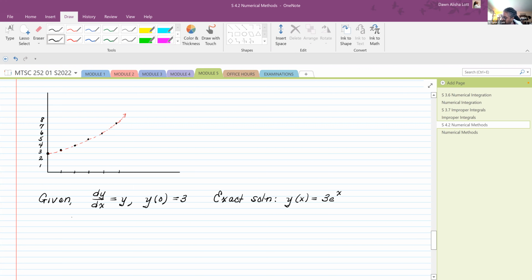So you get y at 1 actually equals 3 times e to the first power. And 3 times e to the first power is equal to 8.154.